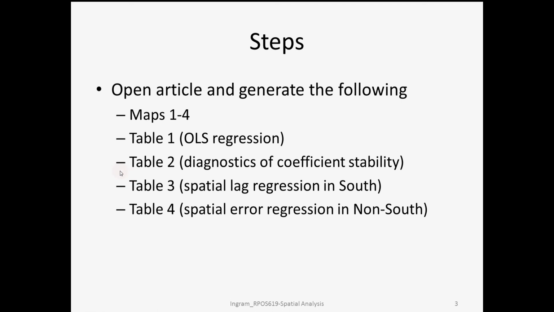We are now going to cover the results reported in Table 3 and Table 4, the explicitly spatial regressions, specifically the spatial lag regressions in the southern counties and the spatial error regressions in the non-south. Again, I'm going to be moving quickly through here, just trying to work through the mechanics of the replication, and we should talk about this in much greater detail when we meet in person next week.